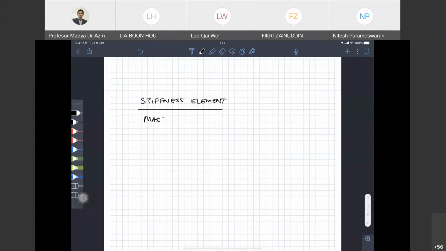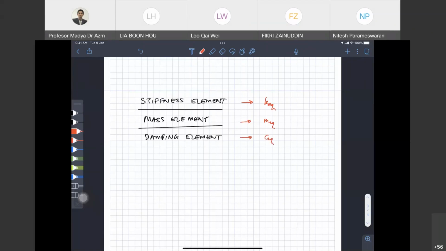For each element, mass element and damping element, you have to determine the equivalent stiffness constant, the equivalent mass, and the equivalent damping constant. This is what you have to do in the next section.